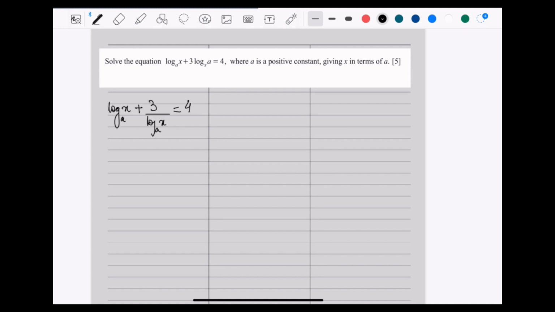Now rather than taking logs just like this, it's better that you take substitutions. So let log a of x be equal to y for a moment, and I can write this as y plus 3 over y is equal to 4.